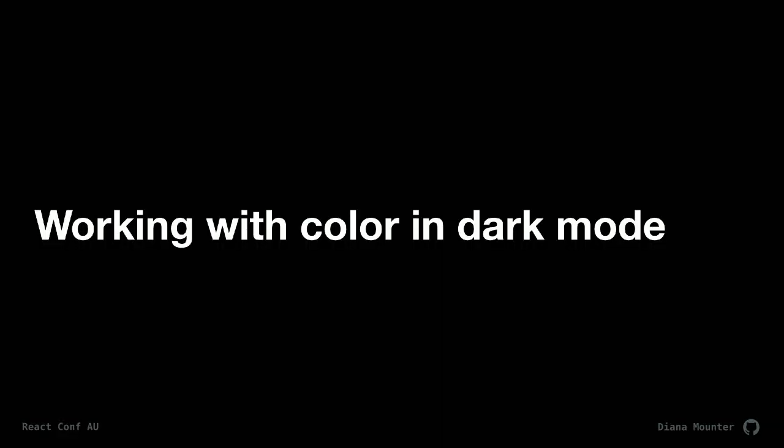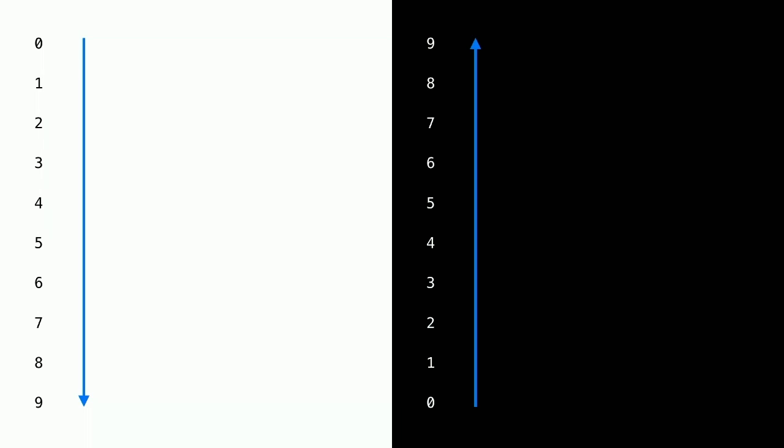So I want to talk about working with color in dark mode, if you'll indulge me a little bit of the designy side of things. I think sometimes people think, what if we just reverse it, just flip the colors? So imagine 0 to 9 represents a single hue stepping through those scales that I showed you earlier, going from dark to light.